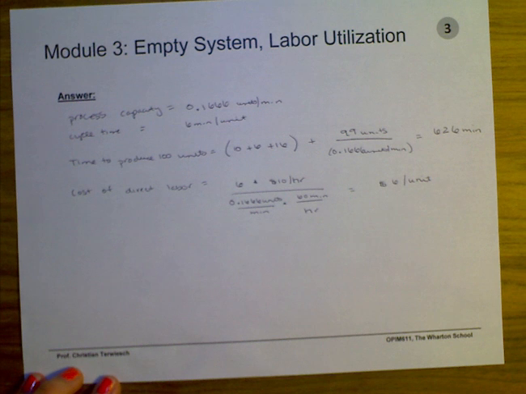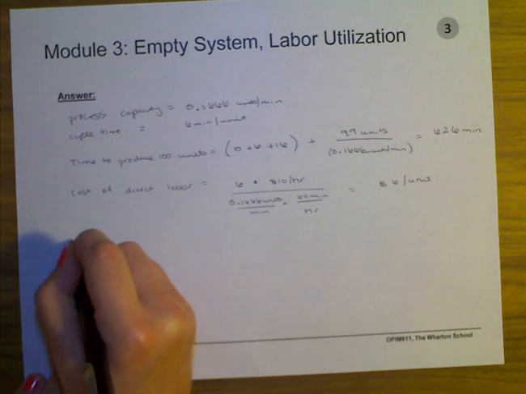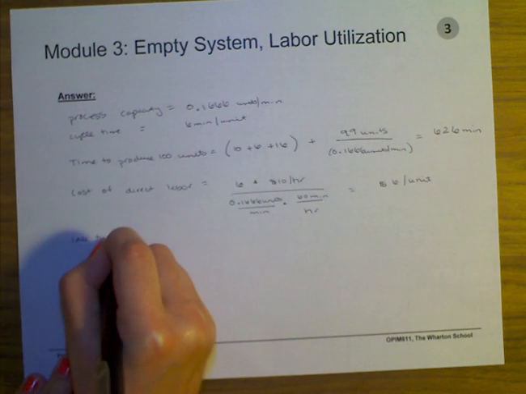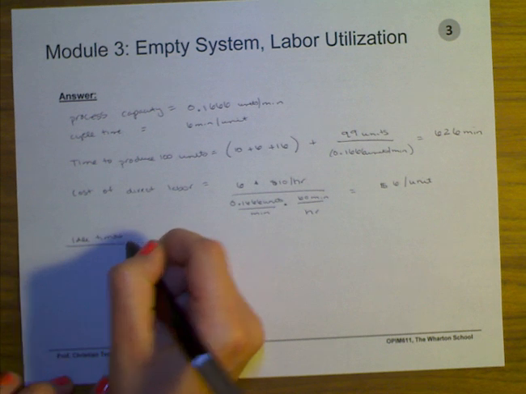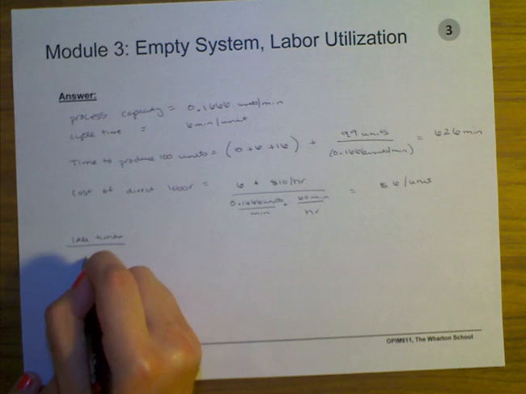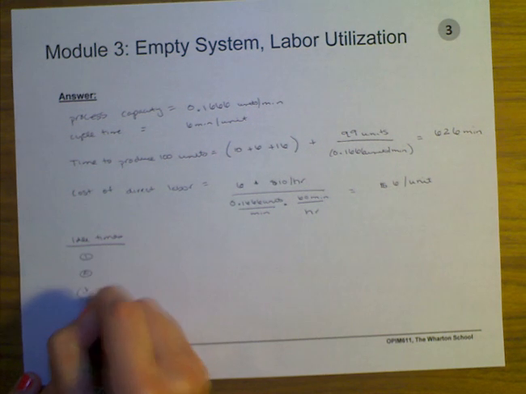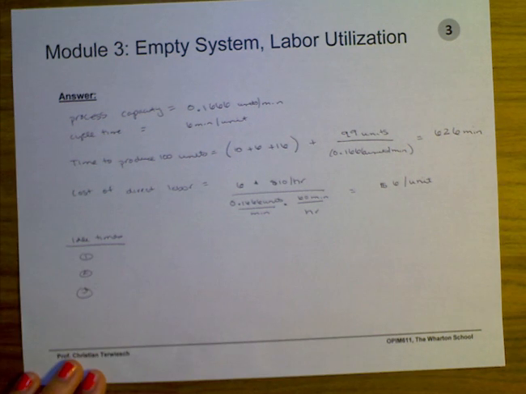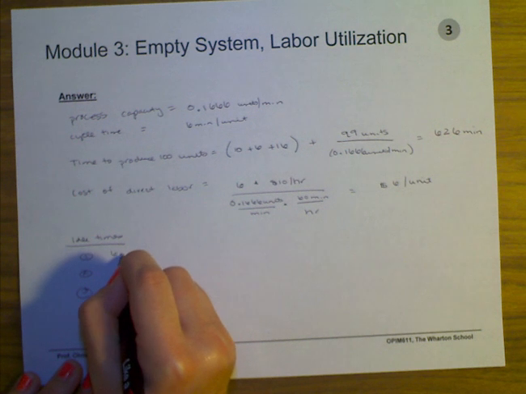The third question asks us to compute the idle times at each of the resources. And idle time is the difference between the cycle time and the processing time. So take a look at it at each of the resources. We know our cycle time is 6 minutes per unit.